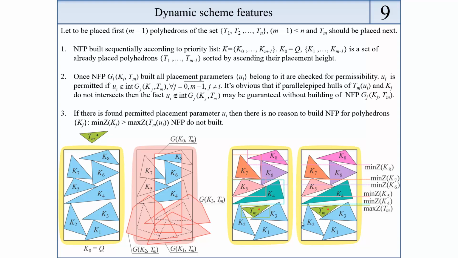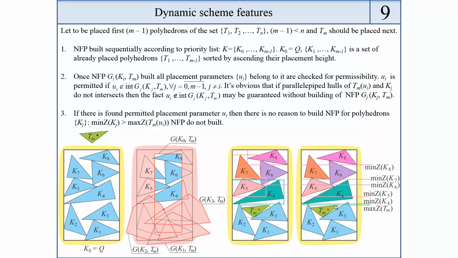The final feature: if a permitted placement parameter is found, then there is no reason to build the NFP for already placed objects whose minimum Z point is higher than the maximum Z point of polyhedron Tm placed according to the found permitted placement parameter.